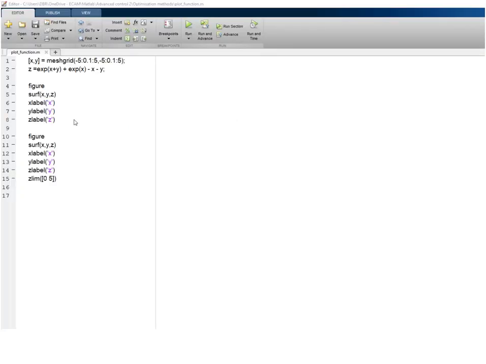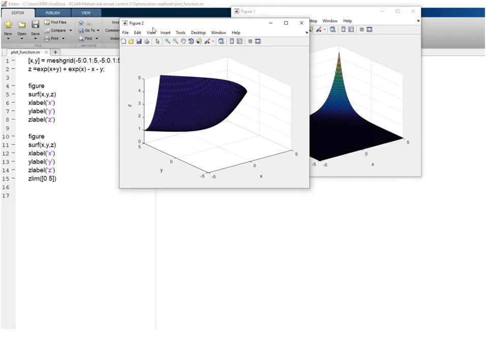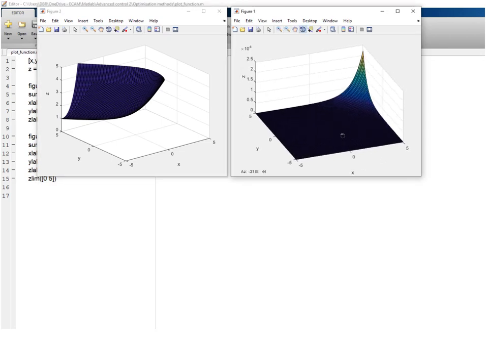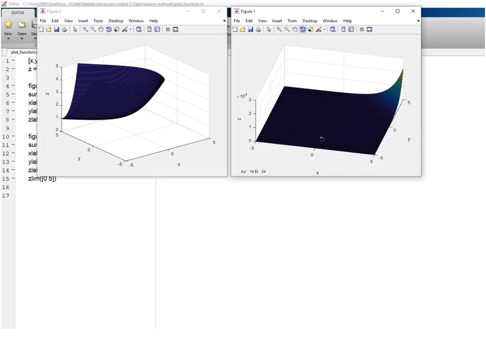Let us have a look at a surface plot of this function. Here we'll look at the general surface plot, and then we'll zoom in on what happens for small values of z. So this is the overall surface plot, and you can have a look. And of course, when x is taking large values and y is taking large values, you have here of course z taking large values.